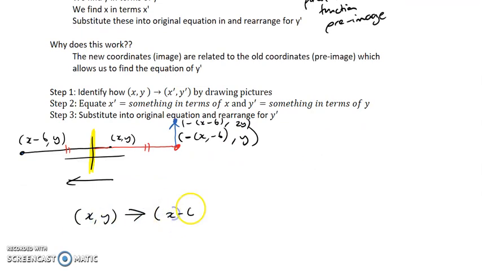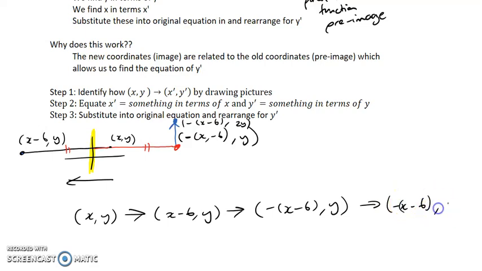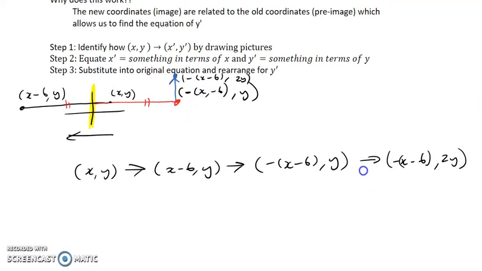First you translate, then you reflect the whole thing, and then you stretch, you dilate. Okay, so we could write that in one step, and it goes to, expanding the brackets, minus x plus 6 and 2y. Okay, we've done the first step.